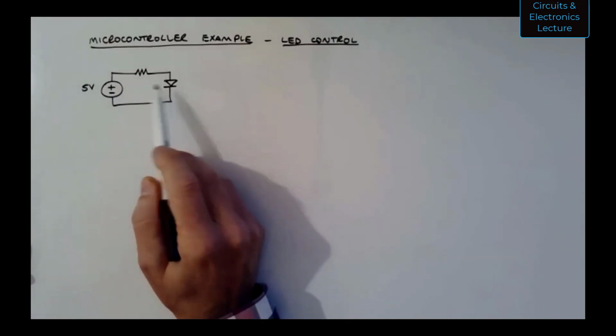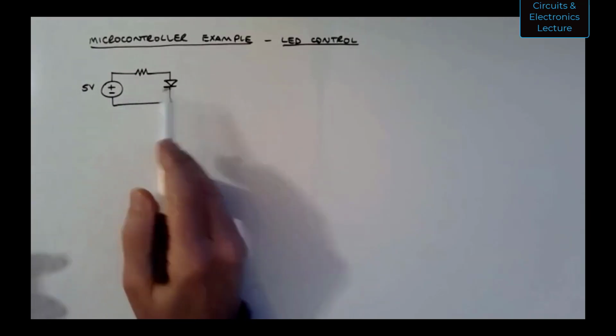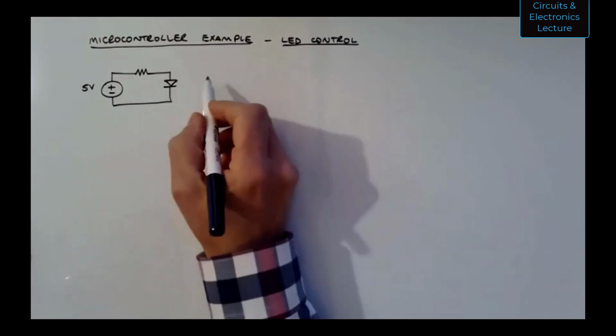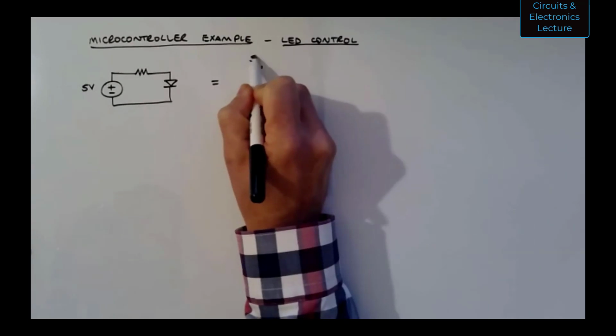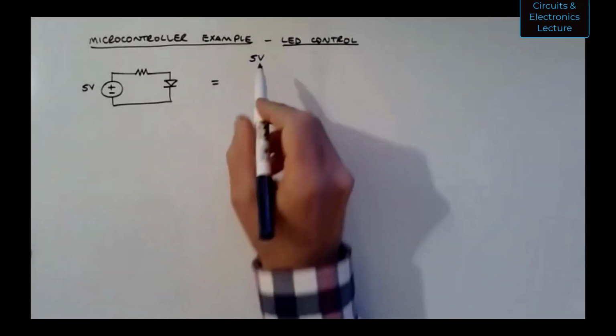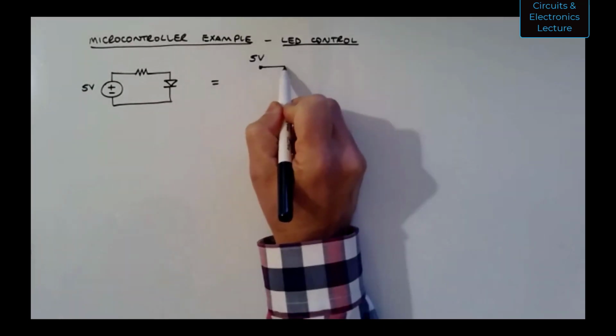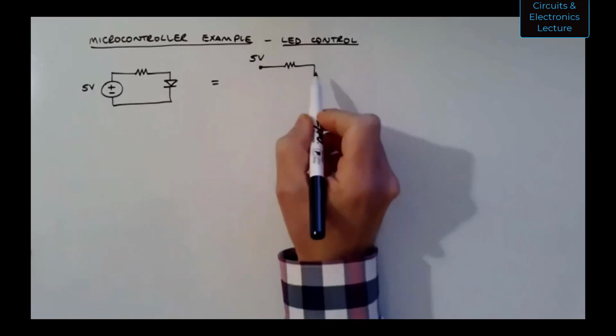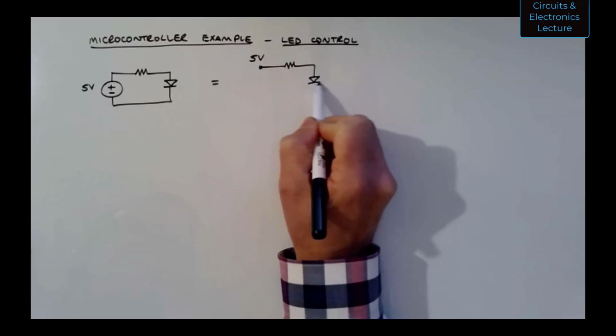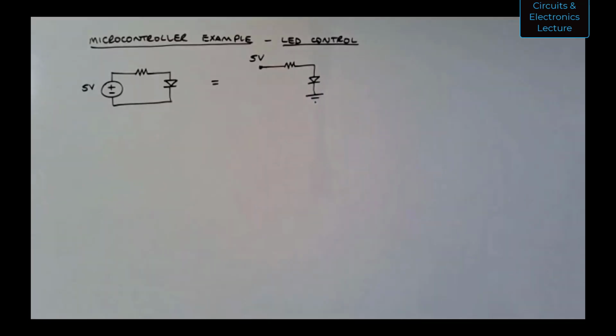This is an LED. It lights up with several milliamps of current. Equivalently, we have drawn this without the source, with just a 5-volt node voltage that implies that there is some power supply connected to that node. That's another way I could draw this circuit.